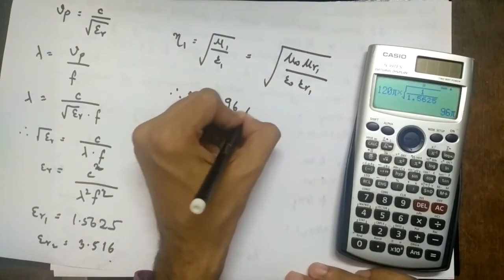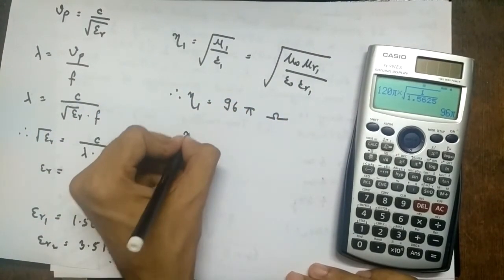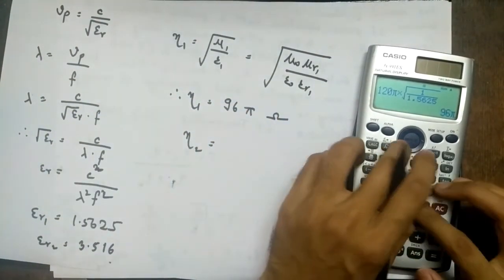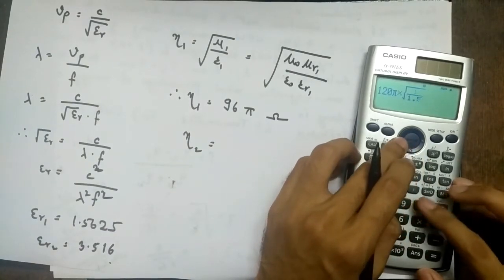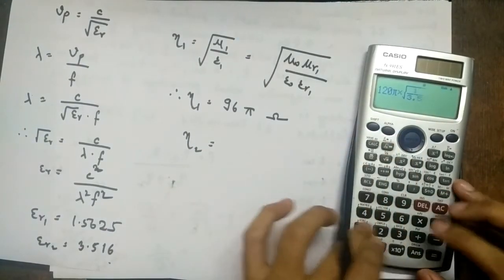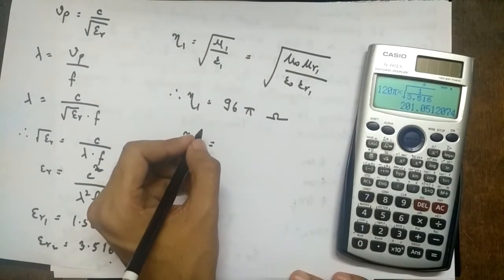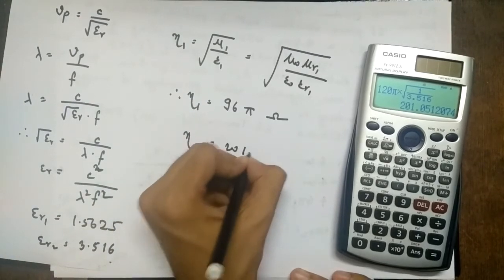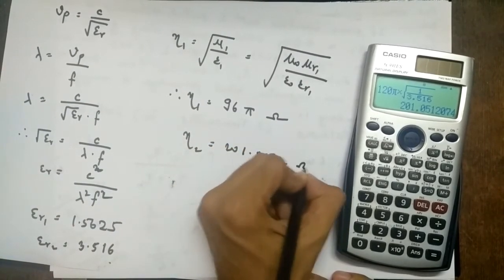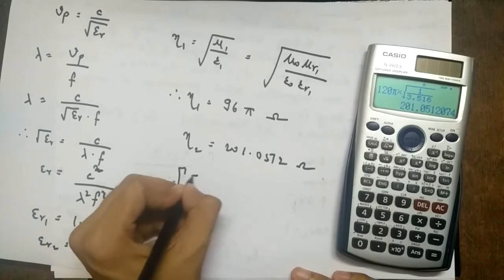So it is 96 pi ohms. Similarly, eta 2 will be, with epsilon r2 as 3.516, 201.0512 ohms.